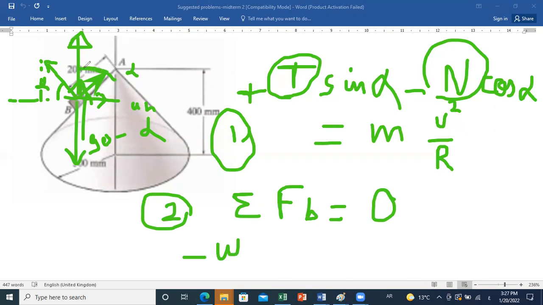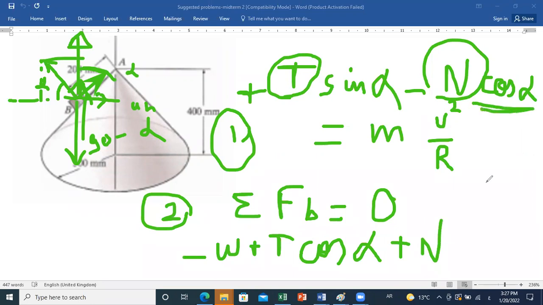So it's plus T cosine alpha, and also N has a positive projection on UB. For N, because on UN it was cosine, on UB it is sine. So plus N sine alpha equals 0.